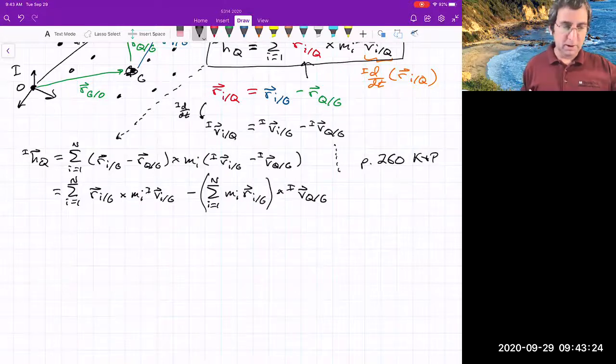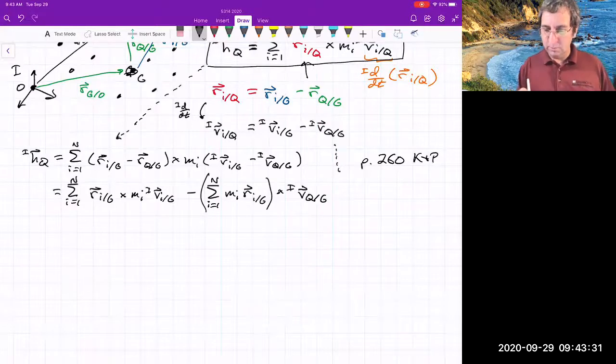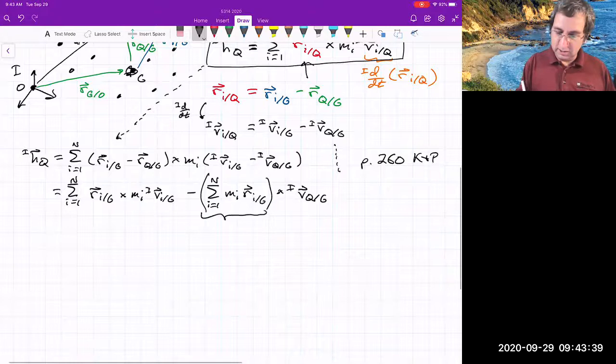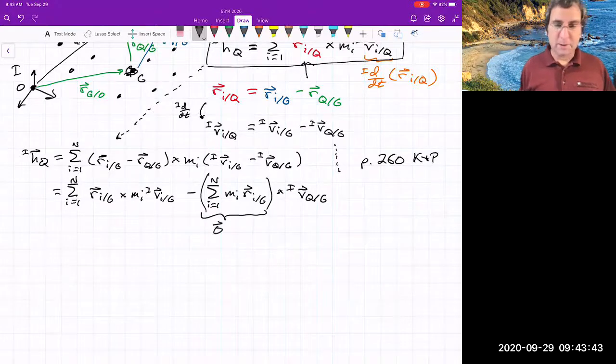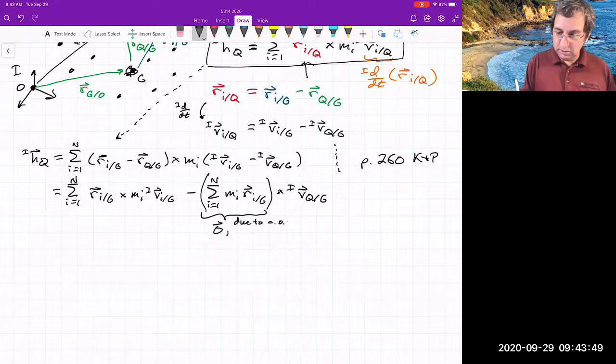The other part of the cross product doesn't participate in this. Plus, this is the sum of the mass times the location with respect to the center of mass, this thing we've been calling the center of mass corollary. So this is just 0 due to the center of mass corollary.